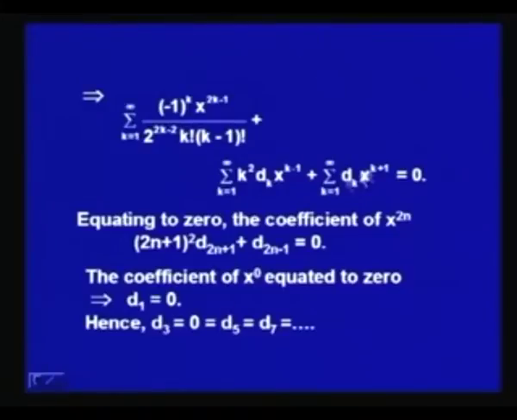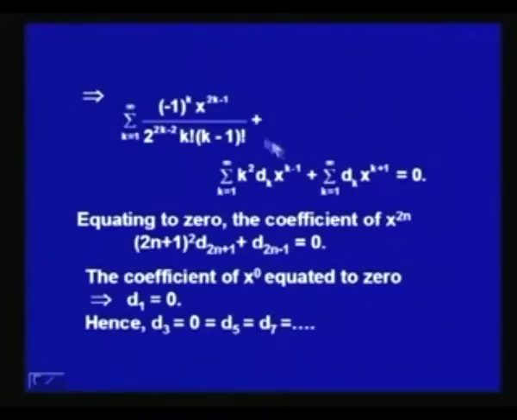Next we equate to 0 the coefficients of odd powers of x. We have already equated to 0 the coefficients of even powers of x and also the power of x as 0. So let us now equate to 0 the coefficients of x to the power 2n plus 1. What we notice is that when n is 0, that is, if we want to equate to 0 the coefficient of x, then the coefficient of x is available in this term, but it is not here.